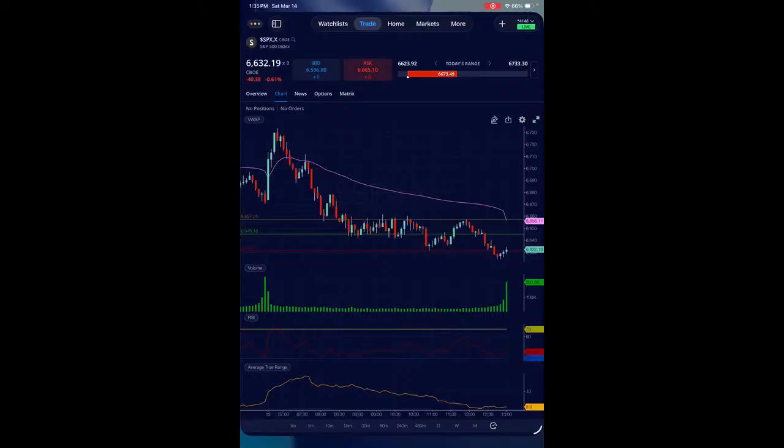You can tap it and see what the dollar amount is in that candle. Yeah. But what we're actually looking at is the time frame on the 5 minute and the color that it closed at. Right, the color that it closed at. And as we can see, the bear bias continued.